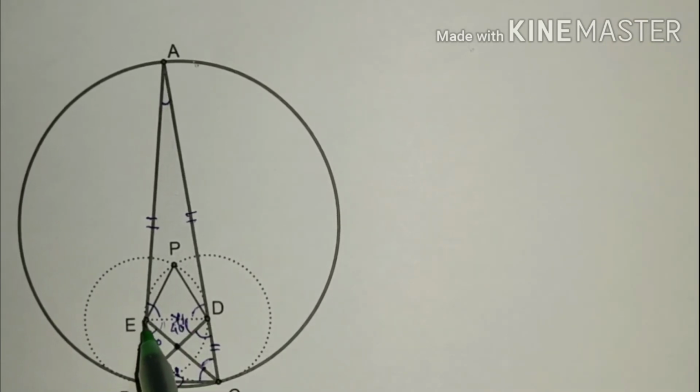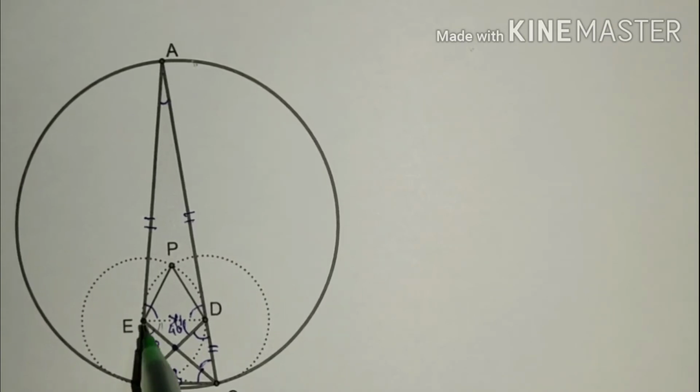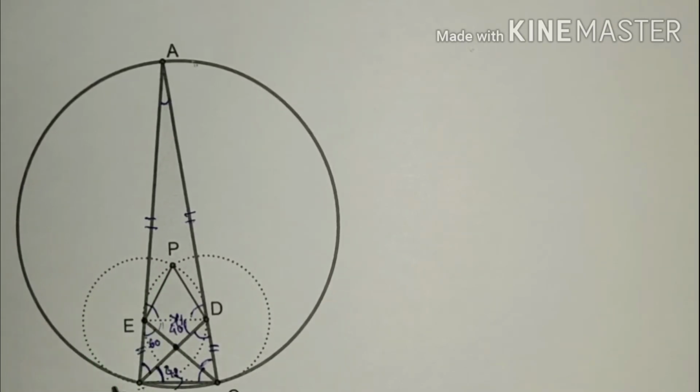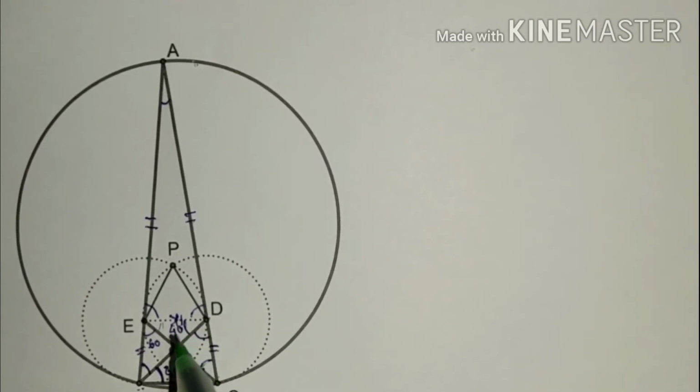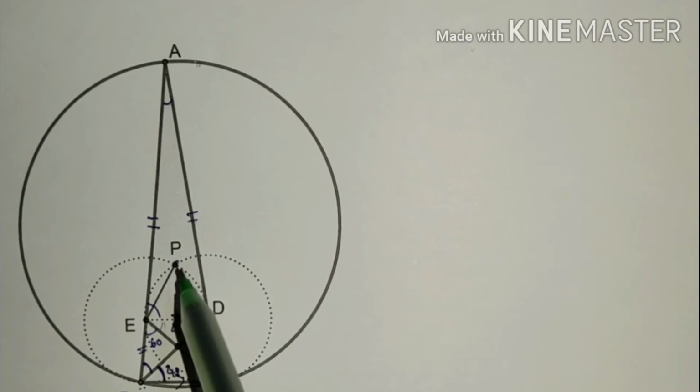Now taking E as the center of the circle and taking EB as radius, draw a circle. And similarly from this point taking DC or DE as radius, draw another circle. So these two circles will intersect at this point P. Now join EP and DP.